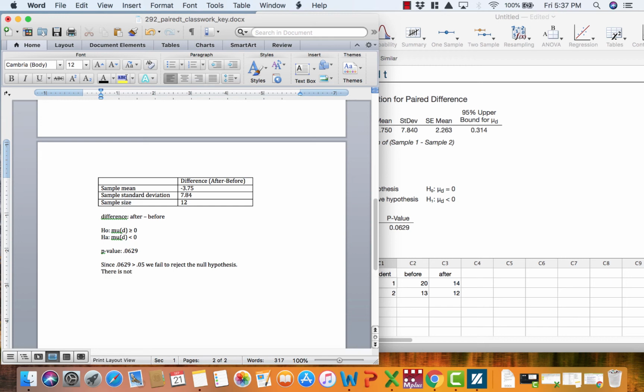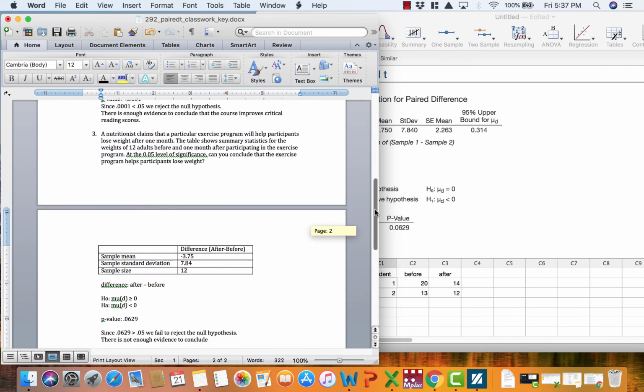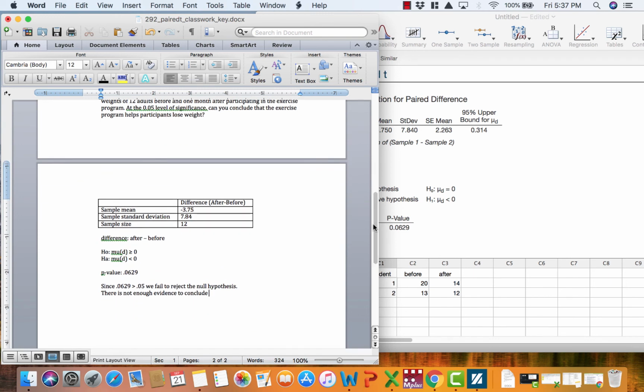So there is not enough evidence to conclude that the program decreases weight.